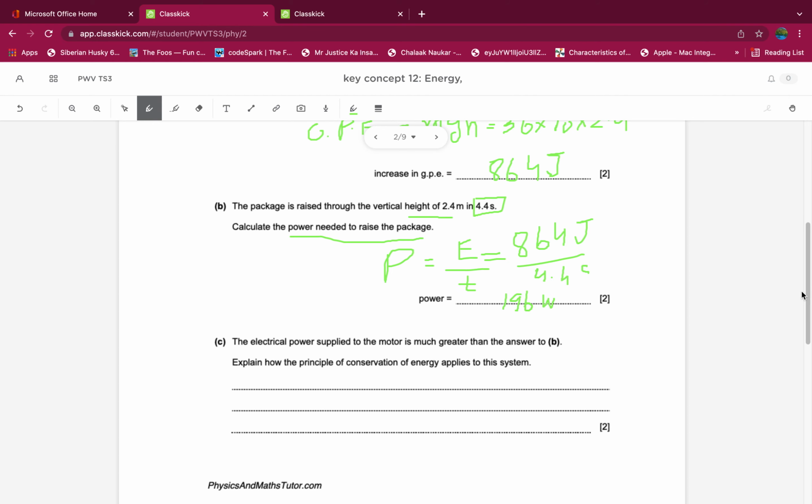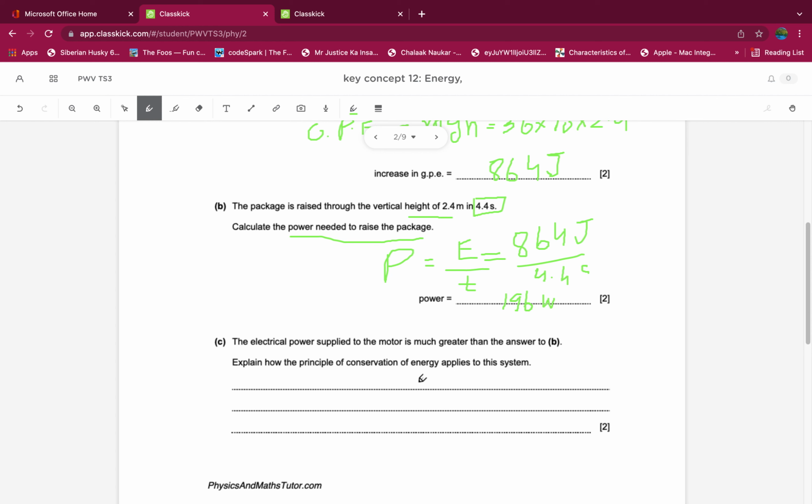The electrical power supplied to the motor is much greater than the answer to B. Explain how the principle of conservation of energy is applied to this system. This is a very important thing. We have to explain where the energy goes. Basically, some of the energy is wasted in the form of heat.